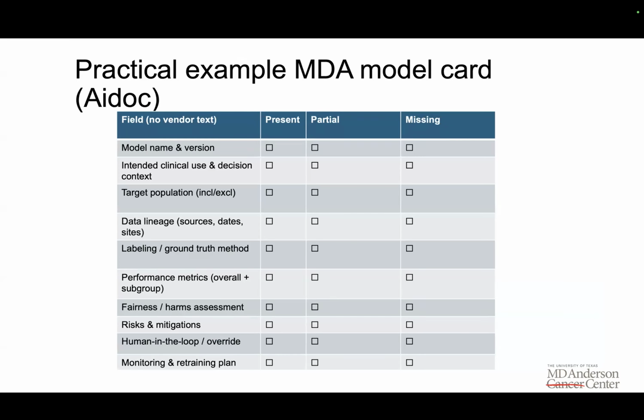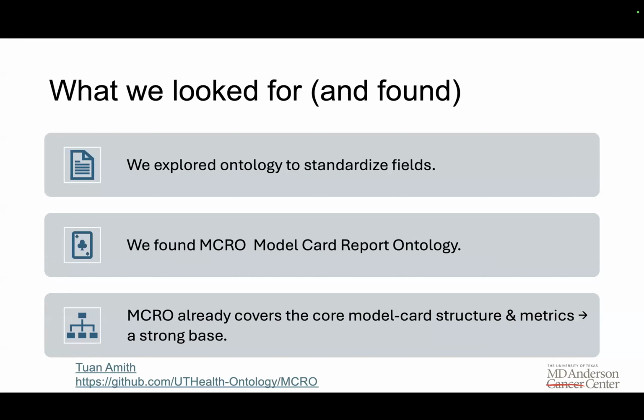And so when they call me and say, I never worked with this field, and I don't know too much, are there any ontologies that can help with this? I started looking around, and we found the Model Card Report Ontology, under the OBO Foundry, that covers a lot of these things.